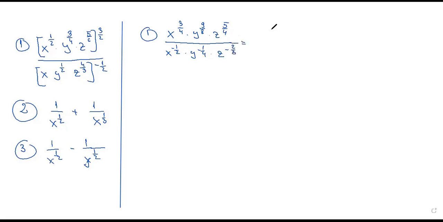Now we move everything up. Everything that is with minus at the denominator will be positive at the numerator. Okay, so it becomes x to the 3 over 4, I just wrote it wrong by accident, 3 over 4 plus 1 over 2.